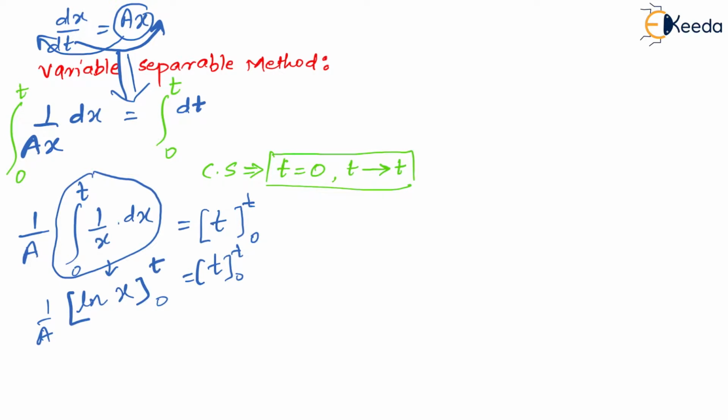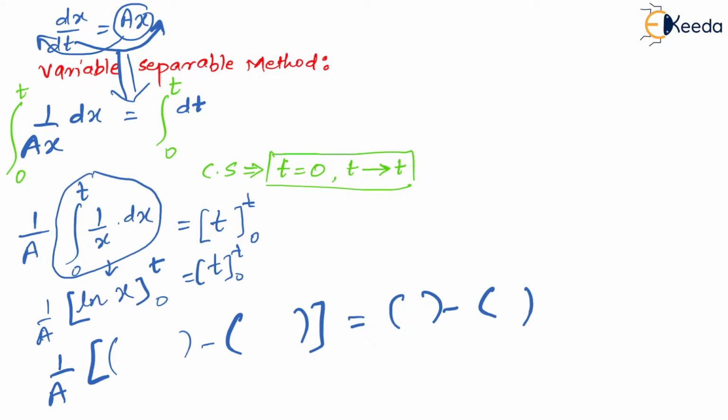Am I right? Yes. So what does that mean? See here, this is ln of x, right? So you take 1 by a into upper limit minus lower limit, which should also be equal to again upper limit minus lower limit. So what is the upper limit here? t. So you just replace it by t.